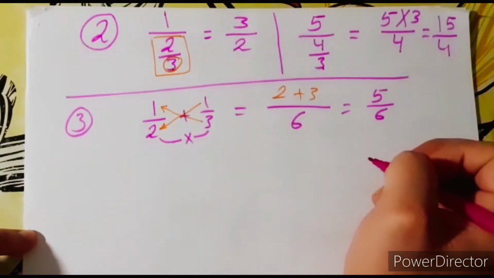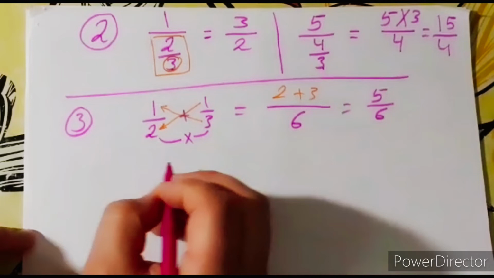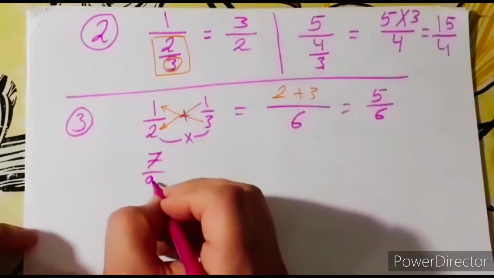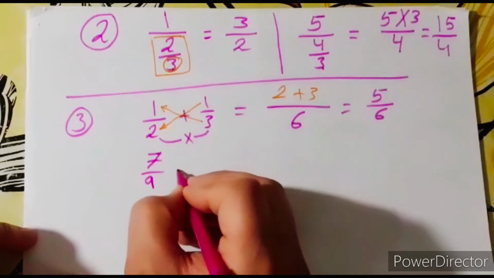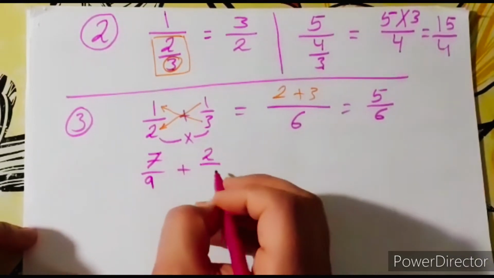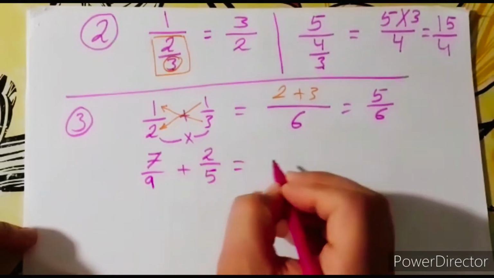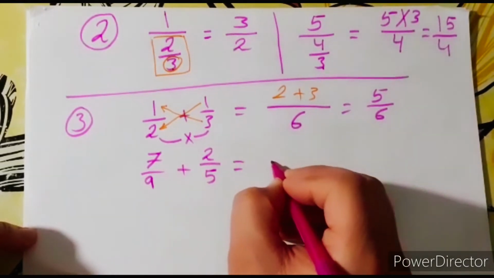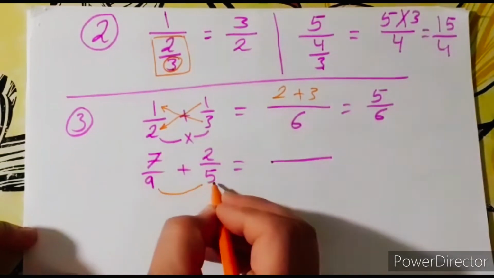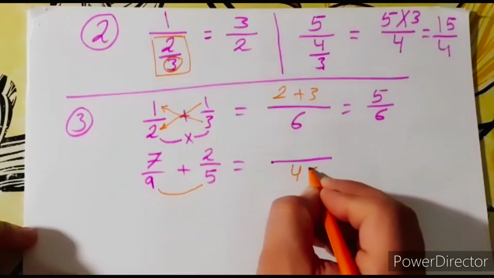Okay. Another example: 7 over 9 plus 2 over 5. Number 1, multiply 9 by 5 equals 45.